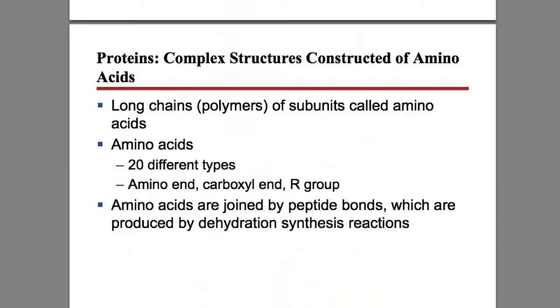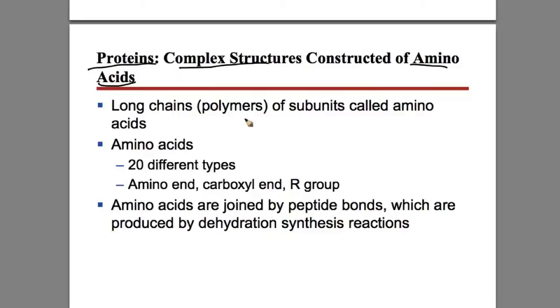The next major type of organic compound are the proteins. Okay, and these are quite varied. Of all the biomolecules, they are probably the most varied type. They're very complex structures, and they're made up of amino acids, individual groups of amino acids put together.